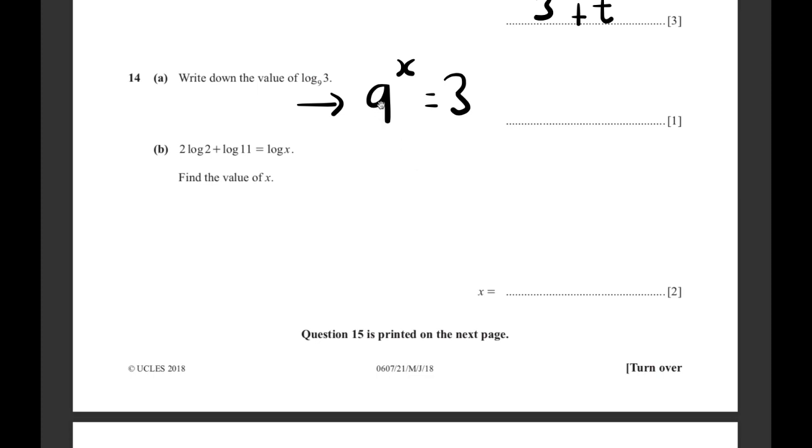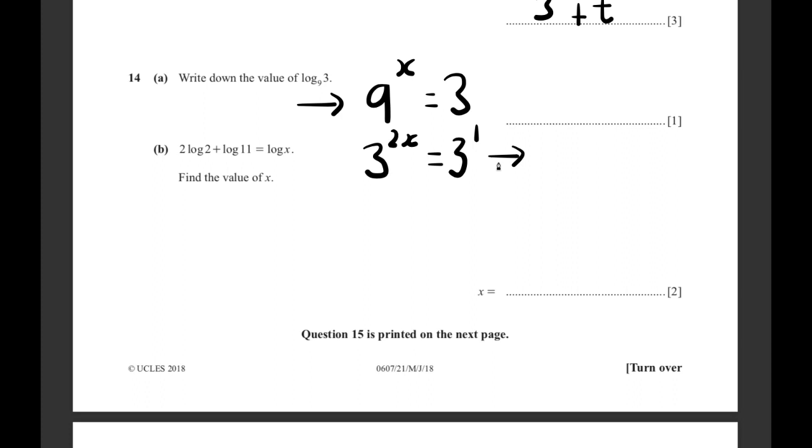We all know that 9 is the same as 3 squared. So all I'm going to do is rewrite 9 as 3 squared. And don't forget the x has to be put after it. So 3 to the power of 2x is the same as 3 itself, which, remember, 3 on its own is 3 to the power of 1.